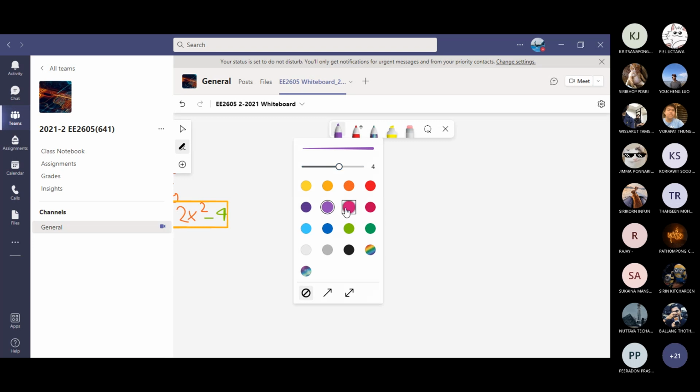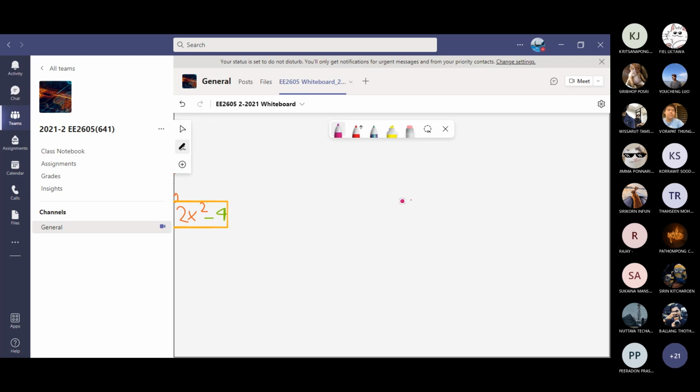Thickness 4, let's use a pink one. Let me put a minus pin and then the plus pin. I will ground the plus pin with a 2K resistor.